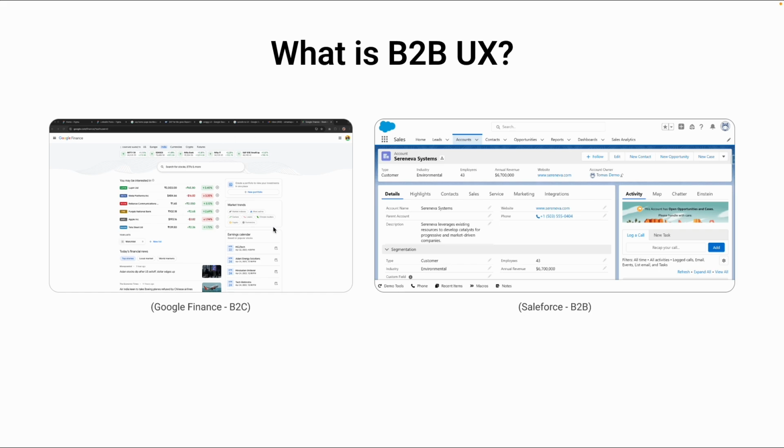On the left side we have Google Finance, which is a B2C app. On the right side we have a Salesforce accounts page, which is a B2B app. If you notice in the Google one, all this information is very neatly and intuitively presented, right? A very limited number of actions, and they mostly cater to a specific type of user.